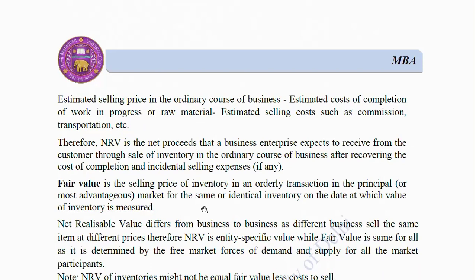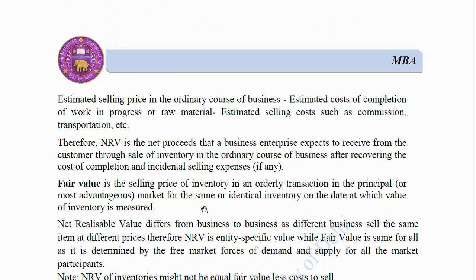Estimated selling price in the ordinary course of business minus estimated costs of completion of work in progress or raw material minus estimated selling costs such as commission, transportation, etc. Therefore, NRV is the net proceeds that a business enterprise expects to receive from the customer through sale of inventory in the ordinary course of business after recovering the cost of completion and incidental selling expenses, if any.